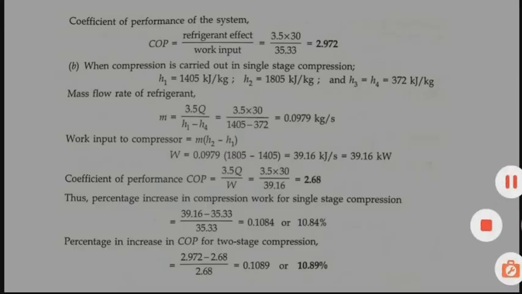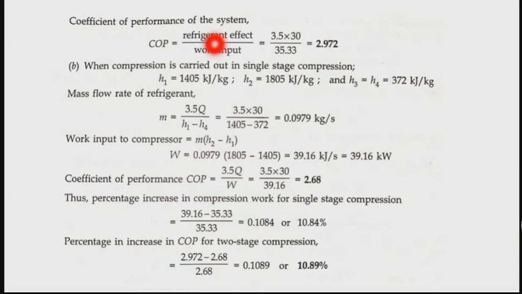Right. Now in the second section, single stage compression is carried out. H1 is equal to 1405 kilojoule per kilogram, H2 is equal to 1805 kilojoule per kilogram, and H3 equal to H4 is equal to 372 kilojoule per kilogram.